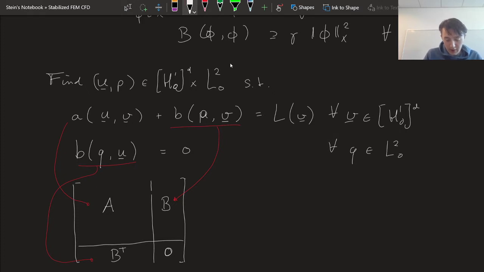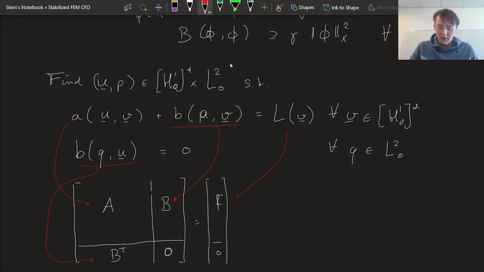And on the right hand side we would have some force vector F. Let me use a capital F here. F. And on the bottom we have zeros. Yeah, so that's going to be this one. So this is the stiffness matrix and the force vector that we would obtain.